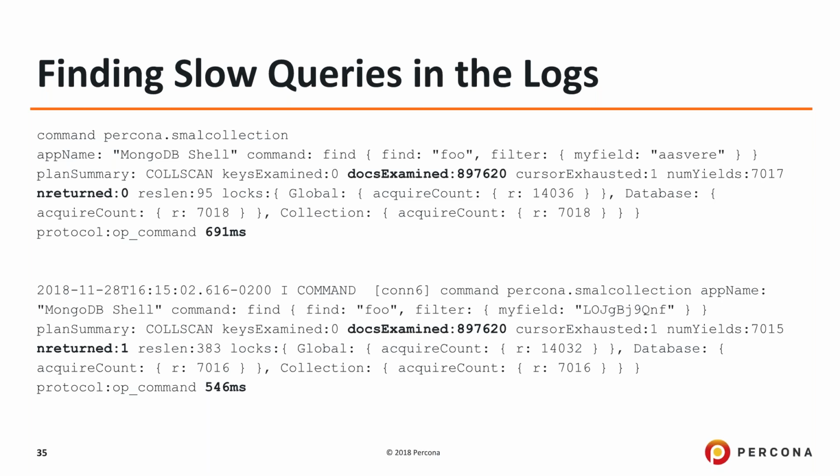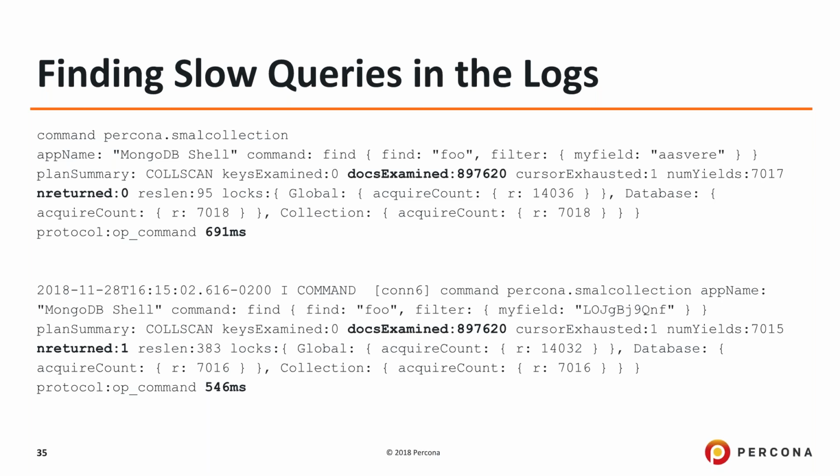The last thing in bold on the first line is 691 milliseconds, the time that the operation took. With the first command on this slide, we can see that there were 897,000 documents scanned and 0 keys examined, the field just to the left of it. That means to me that there was no index for this query.